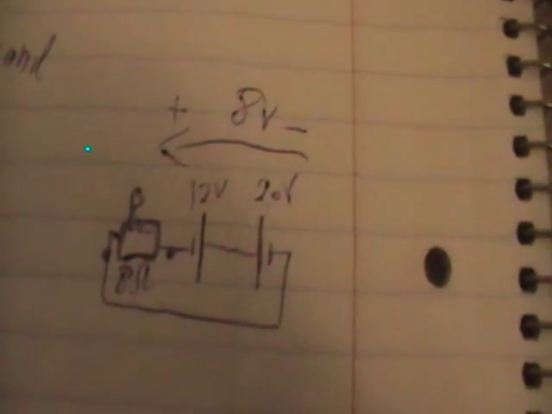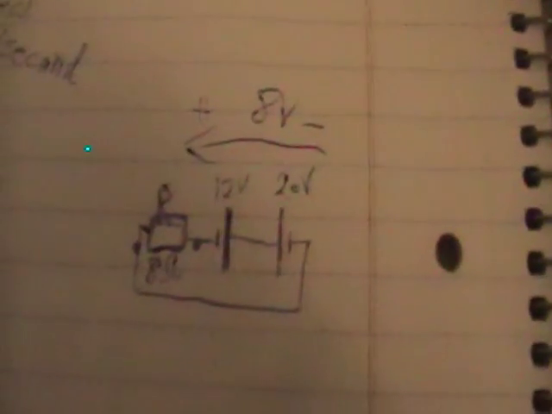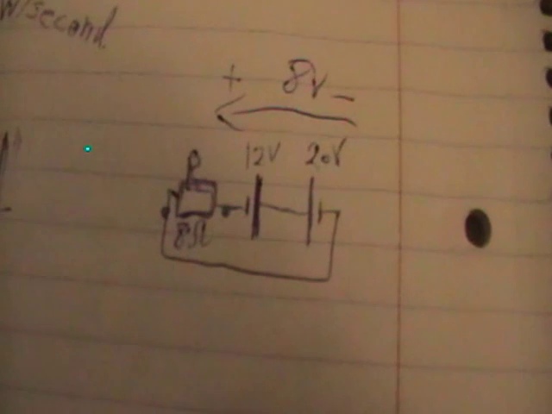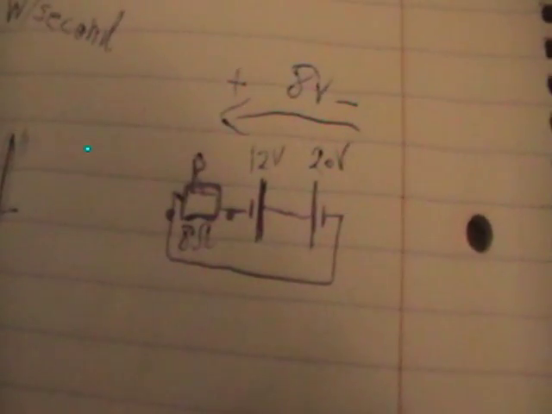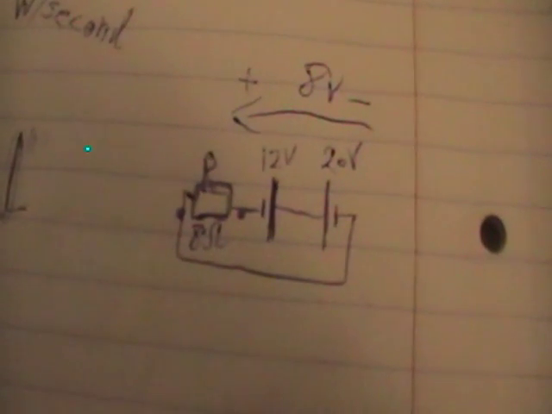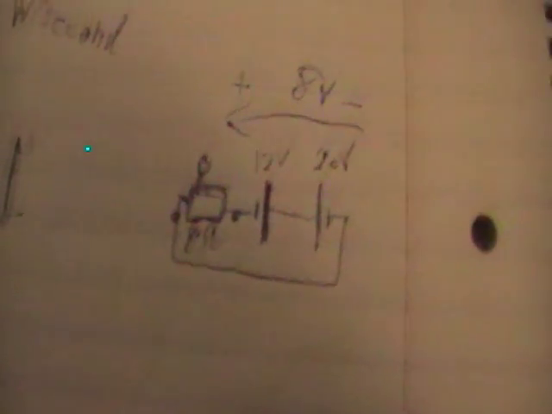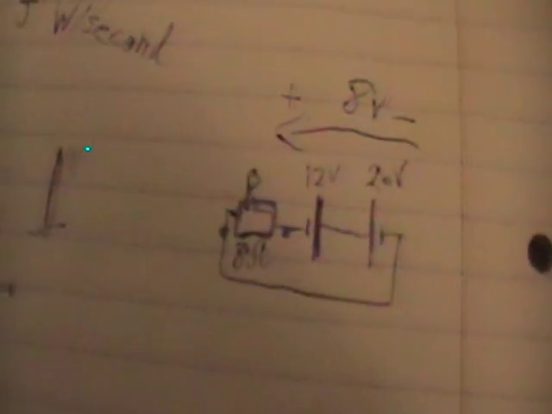In this case, this cell is not exposed to a higher voltage, it's just exposed to current. Okay?